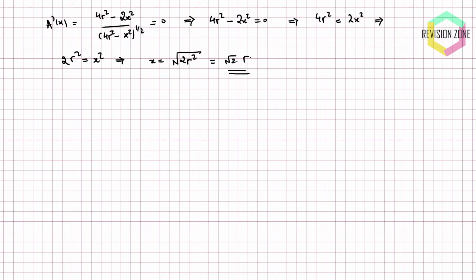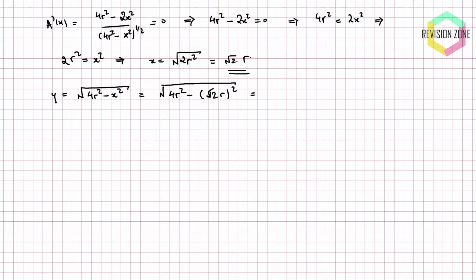Okay, so we've actually got a value for x. Since we have a relationship which says y is equal to the square root of 4r squared take away x squared, I can put in what my x is to get my y. So my y is 4r squared take away x being root 2r, and I square that.